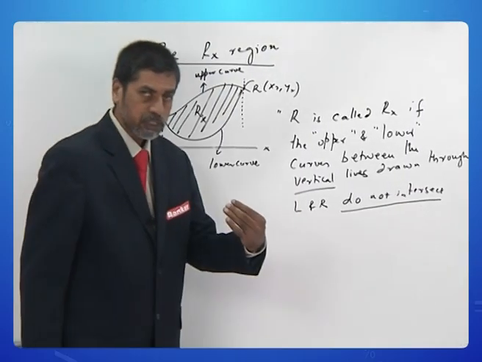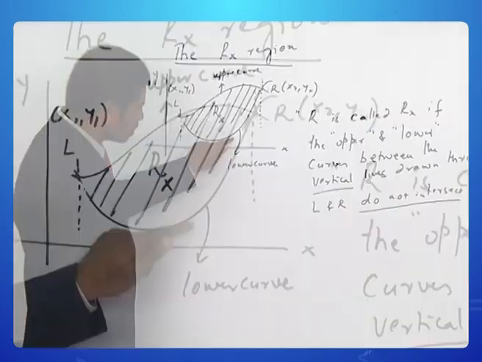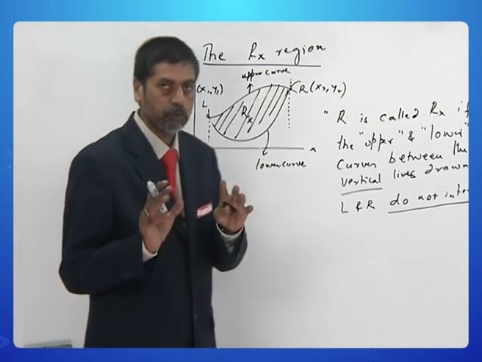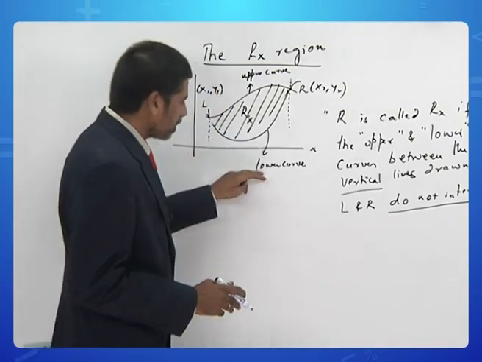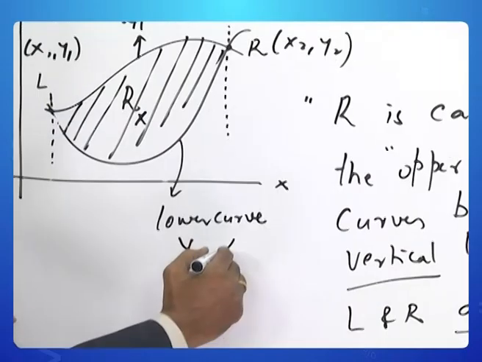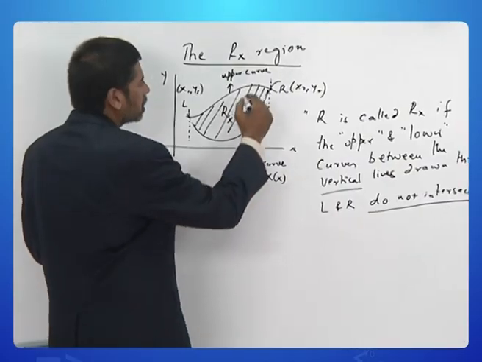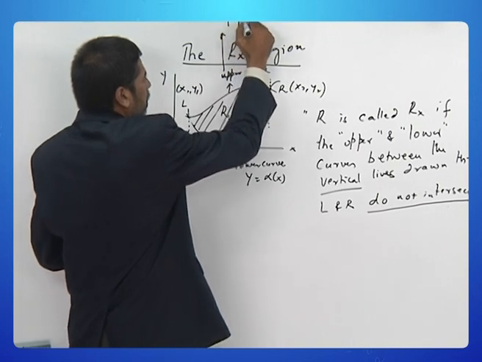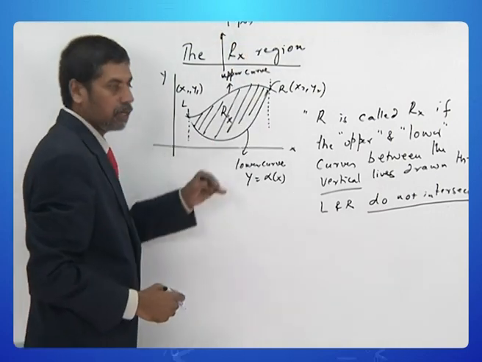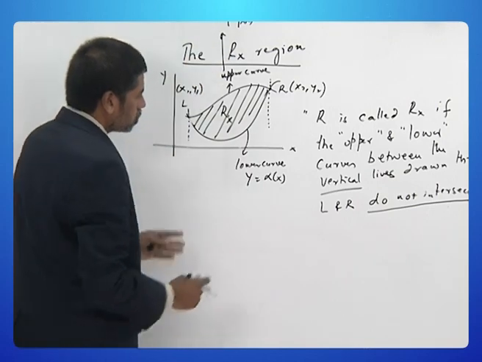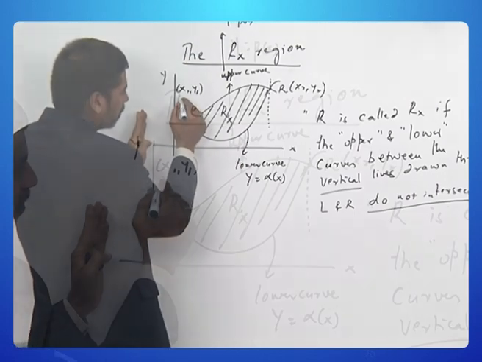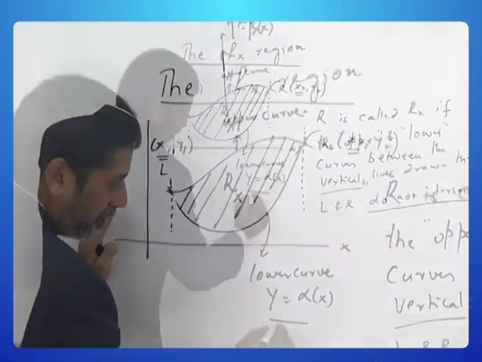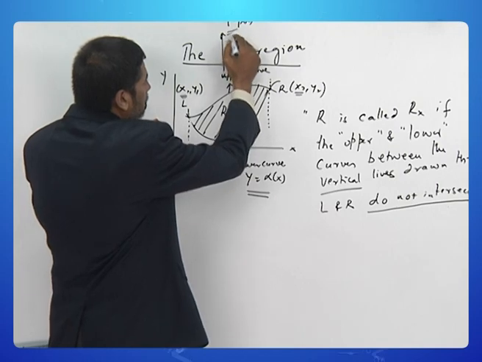Now the next step is you write the equations of these two things. Because the equations of the curves are always given in the problem, we can write the lower curve as y is equal to alpha x and the upper curve as y is equal to beta x. So now you can see the limits of integration for x will be x1 to x2, and the lower limit of y is this and the upper limit of y is that.